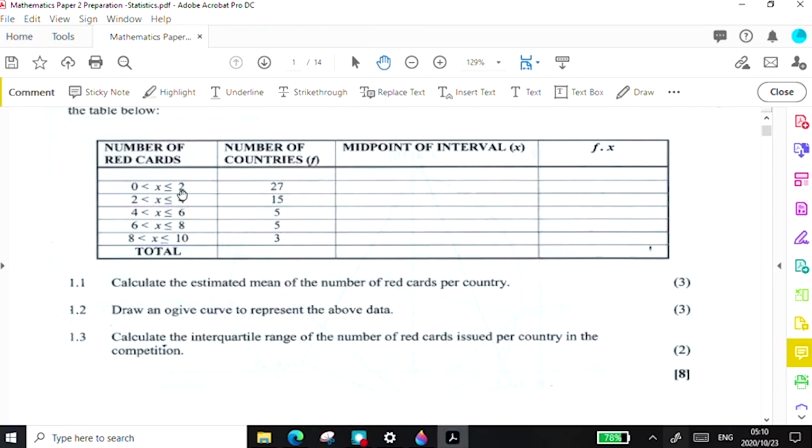Between 2 and 4 are 15. Between 4 and 6 are 5. Between 6 and 8 are 5. Between 8 and 10 are 3. So we have our frequency.